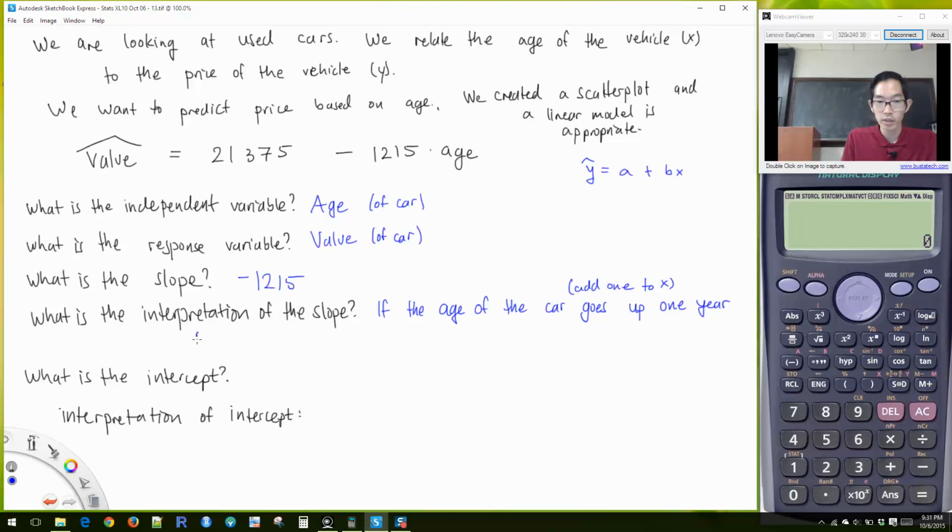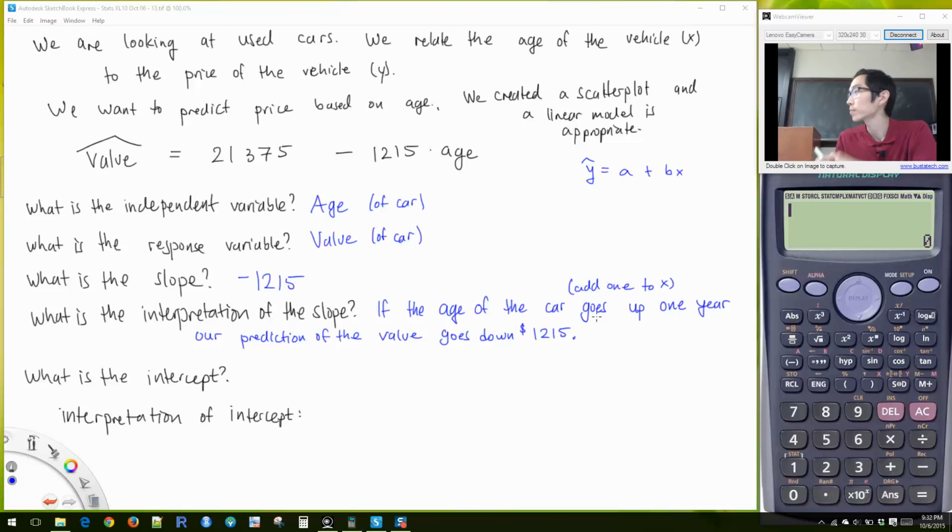Our prediction of y changes by the slope, so our prediction of the value goes down $1,215. Does that make sense? Okay. So study this example because you'll need to do something like this on the quiz.